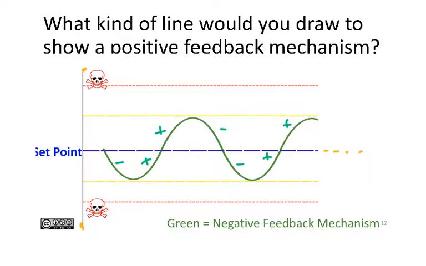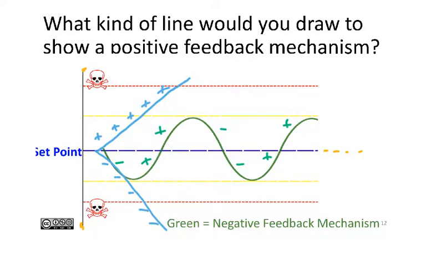So if we have a disease process where we've got positive feedback happening, you've got an increase, which leads to an increase, which leads to an increase. No return to the set point. You have a decrease, a decrease, a decrease.